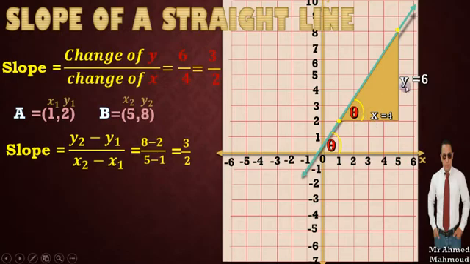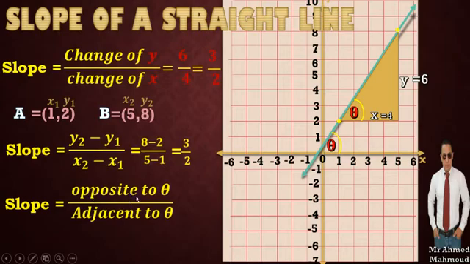So y over x, change of y over change of x, has another rule, which is tan of theta. The change of y equals the opposite of theta, and the change of x equals the adjacent of theta. So the slope equals tan theta.